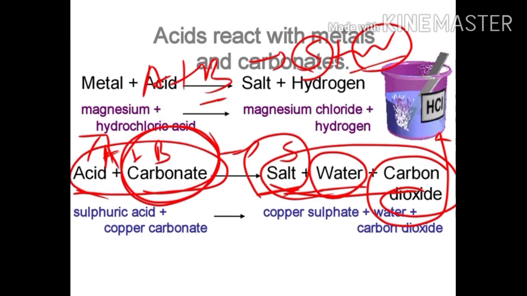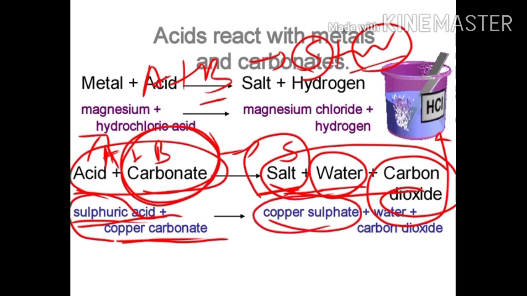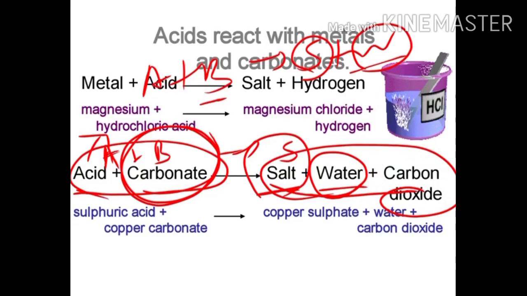We can have an example: sulfuric acid treated with copper carbonate. The copper and the sulfuric acid will form copper sulfate, and water will form, and the gas which will come out is carbon dioxide gas. So how will you make out the carbon dioxide gas?